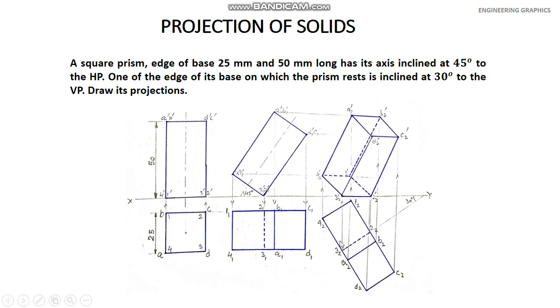So this is the final top view. Take the projection from each point towards VP. Take the horizontal line from the front view which you have made in the second step, and you can obtain the final front view here. So this is the final top view, this is the final front view. This is the solution of this problem.